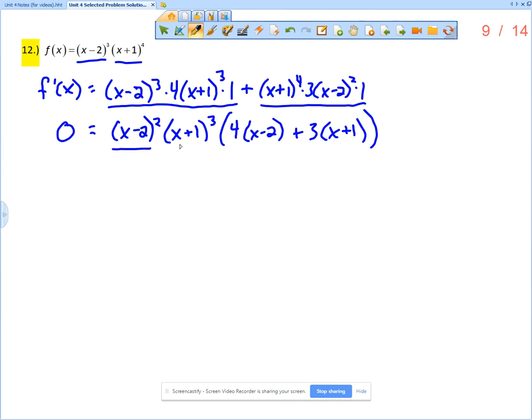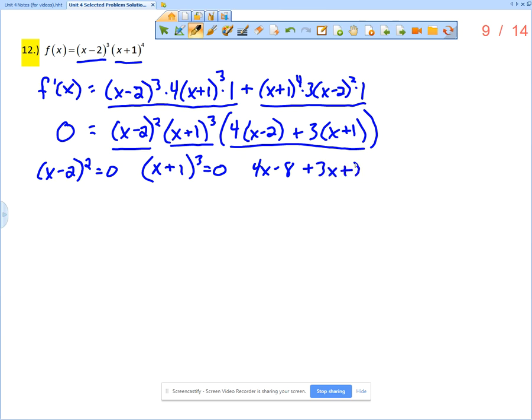Now I have three factors: (x minus 2) squared, (x plus 1) cubed, and this third thing, which we're going to each individually set equal to 0. So (x minus 2) squared equals 0, (x plus 1) cubed equals 0, or this thing, which I'm going to rewrite as 4x minus 8 plus 3x plus 3, set equal to 0. (x minus 2) squared equals 0: I'm going to square root and add 2, so x equals 2. (x plus 1) cubed equals 0: I'm going to cube root and subtract 1, so x equals negative 1.